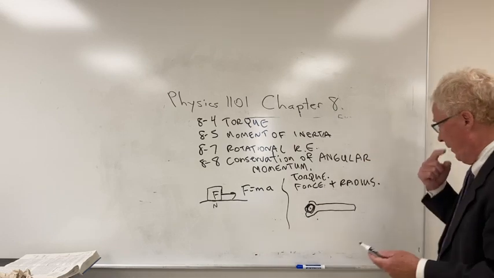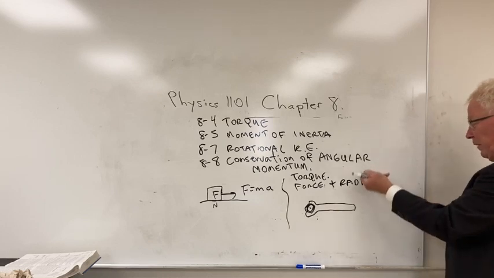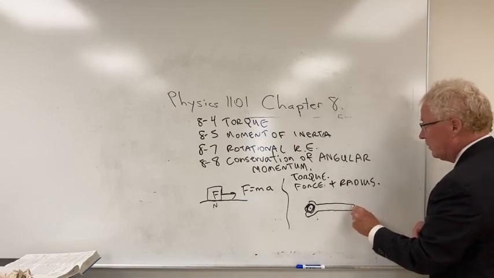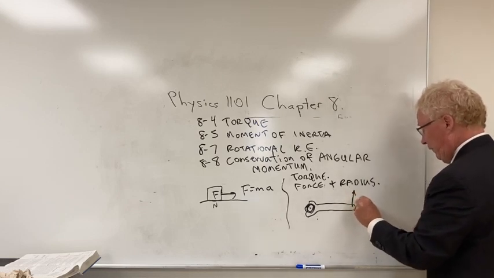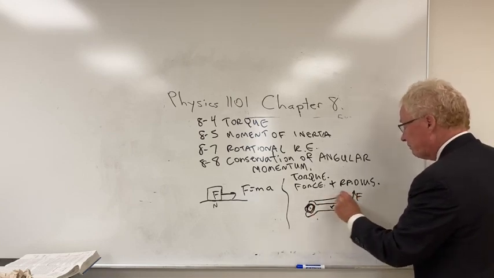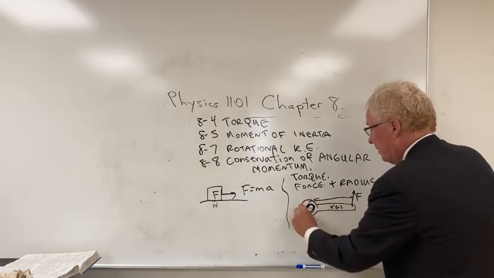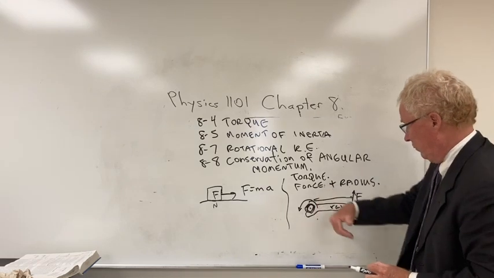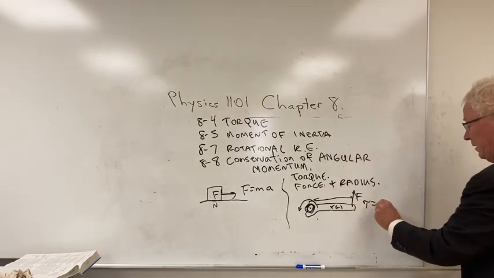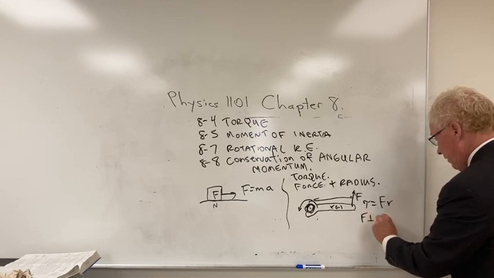But as you know from experience, the longer the wrench, and you apply a force perpendicular to it, you end up with a torque. So this is rotation. We apply a force this way. We have a distance r from the center, which will be in meters, and it rotates counterclockwise. The Greek letter tau is F times r when F and r are perpendicular.